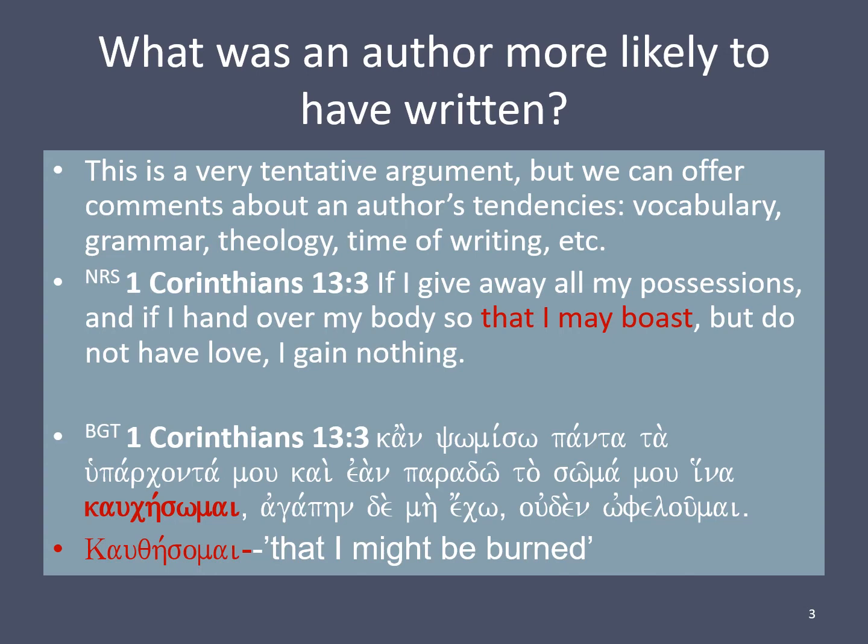Obviously, they sound very similar. There are two letters that have been changed. The chi has been changed to a theta, and the omega in omai has been changed to an omicron, or the other way round. But once you change that to kauthesomai, the meaning changes as well, and it becomes in order to be burned. If I give up my body in order to be burned.